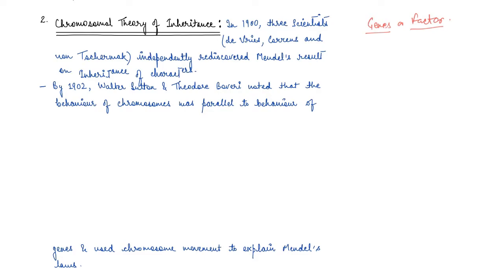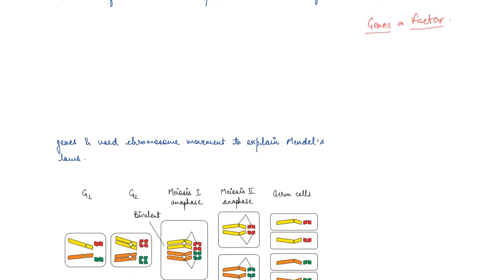Now what happened is by 1902 chromosome movement during meiosis was worked out, and Walter Sutton and Theodore Boveri both noted that the behavior of chromosomes was parallel to the behavior of genes, and used chromosome movement to explain Mendel's law again.